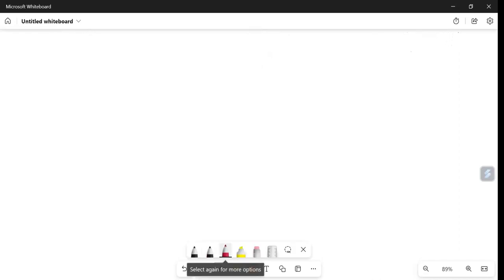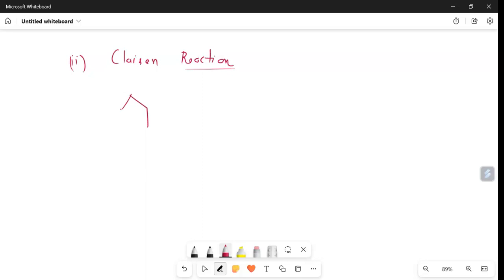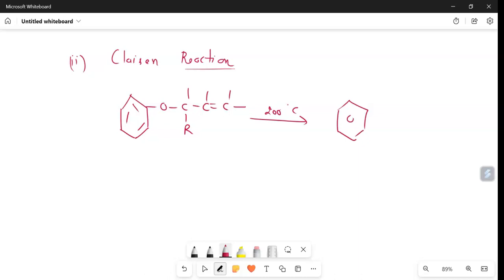The next reaction which we are going to discuss is number 2, the Claisen reaction. Remember, allyl phenyl ether, O-CH2-CH=CH2, is heated to 200 degrees Celsius. It will give phenol here.